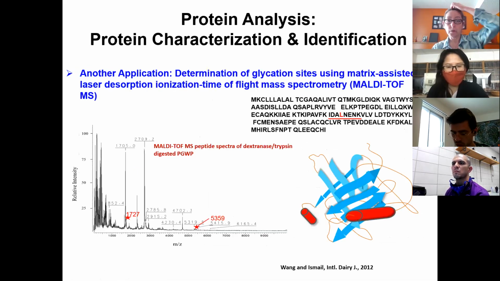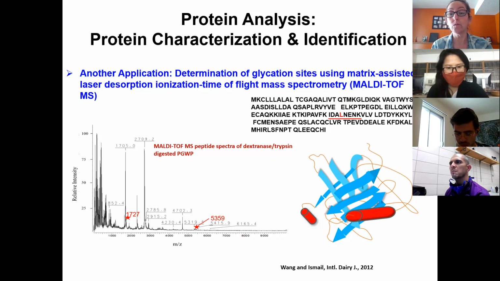Here's an example where we used MALDI in research in our lab a few years back. We were looking at glycating whey protein, meaning covalently linking a carbohydrate to whey protein. And we determined that this type of glycation resulted in a rigid structure that resisted denaturation.